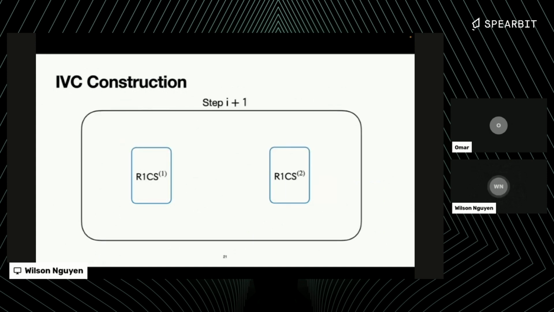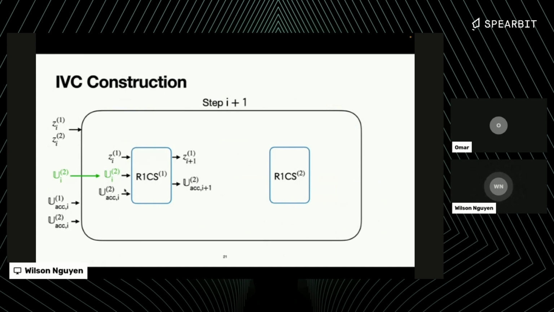So zooming into the construction a little bit further, each step takes in the function inputs, takes in the accumulators from the prior steps, but also takes in a strict instance for the secondary constraint system. And so now, as you can imagine, this constraint system applies one step of their function, but also folds the strict instance plus the accumulator for the secondary constraint system.